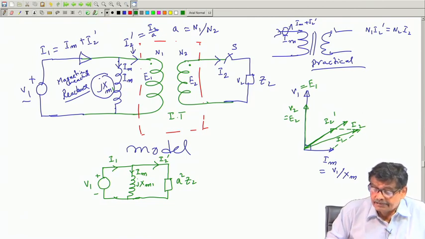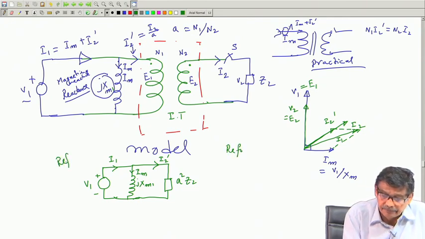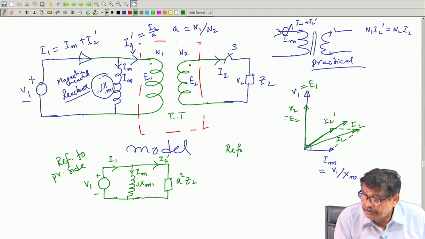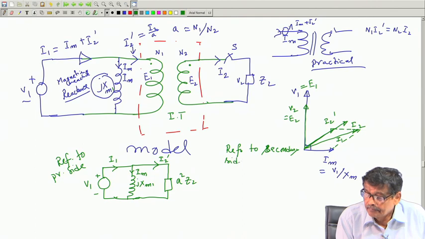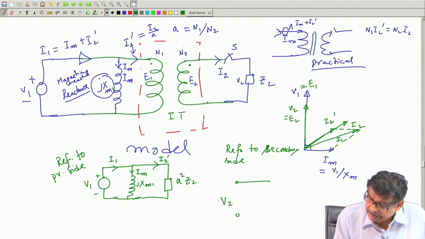What will be the equivalent circuit referred to the secondary side? We have referred to the primary or source side, and now refer to the load side or secondary side. It will be: secondary voltage remains secondary voltage.